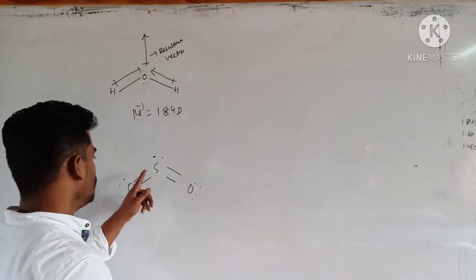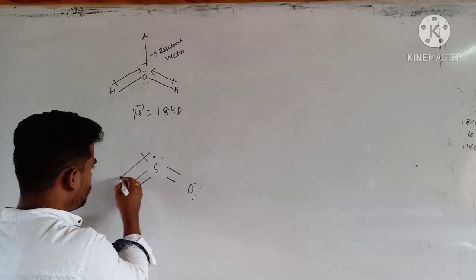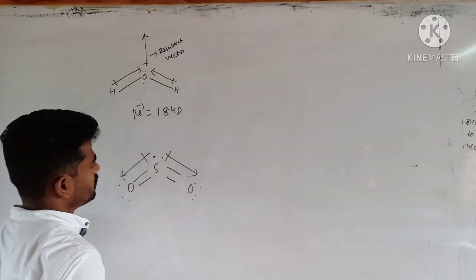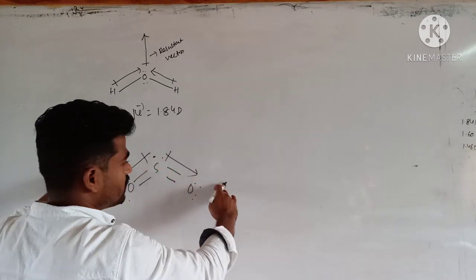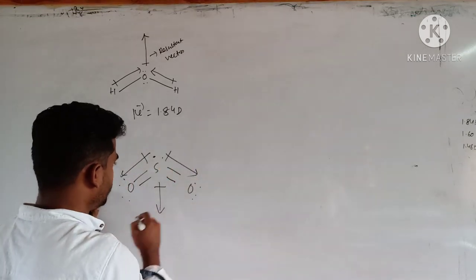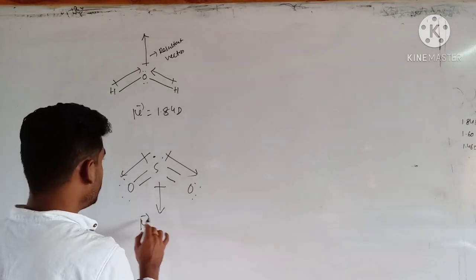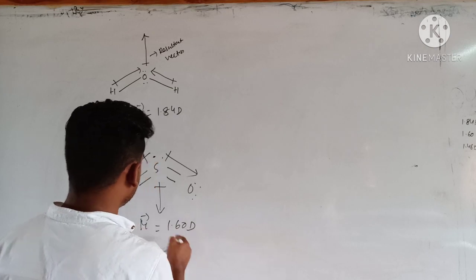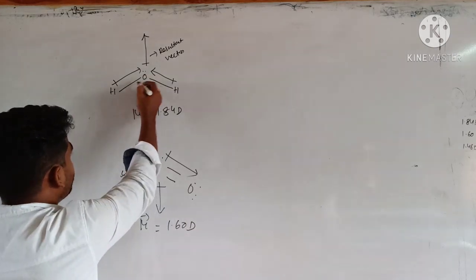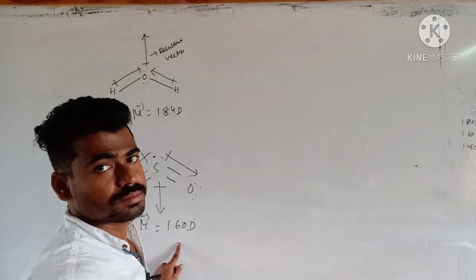Out of sulfur and oxygen, the more electronegative is oxygen, so the dipole direction will be towards oxygen, and the resultant will be in this direction with no cancellation. The mu you get here is 1.60 D. You see, as the electronegativity difference decreases, the dipole moment also decreases.